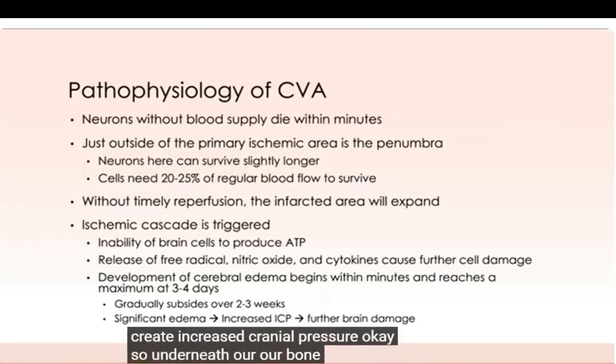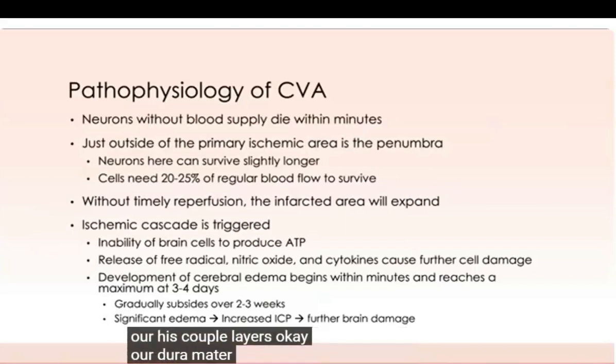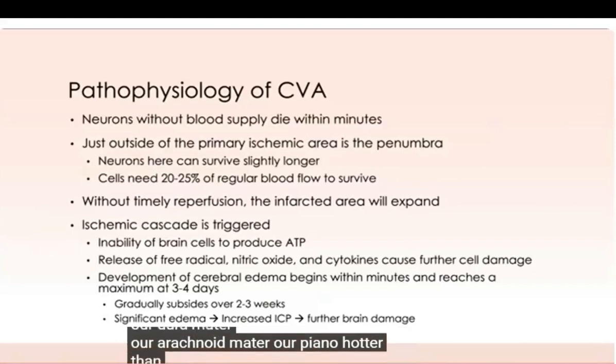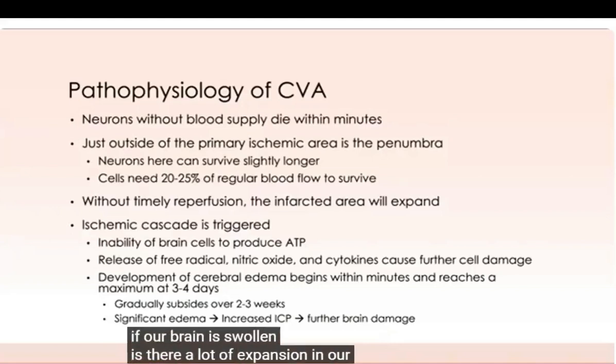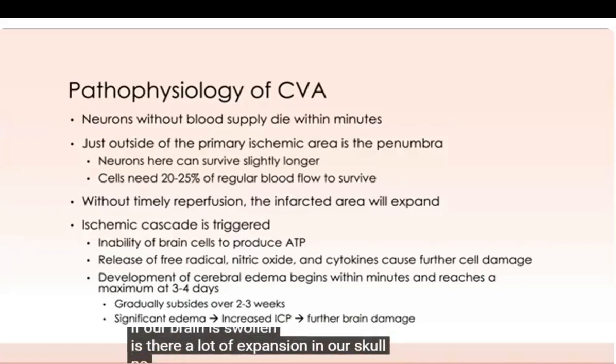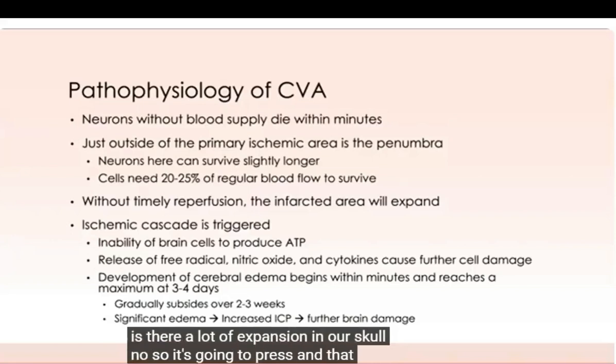Underneath our bone here, our skull, are a couple layers, okay? Our dura mater, our arachnoid mater, our pia mater, then our brain, okay? If our brain is swollen, is there a lot of room for expansion in our skull? No. So it's going to press, and that pressing can cause damage too.